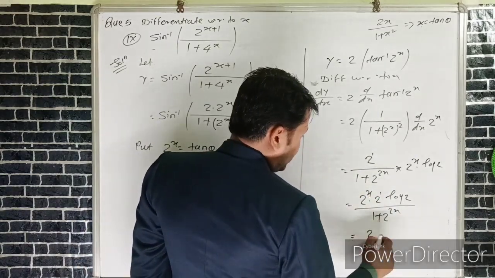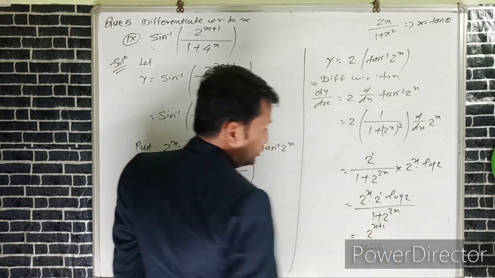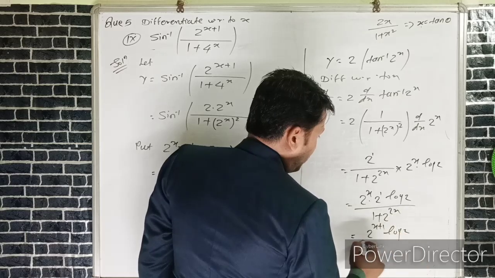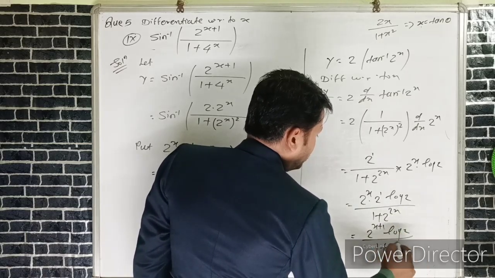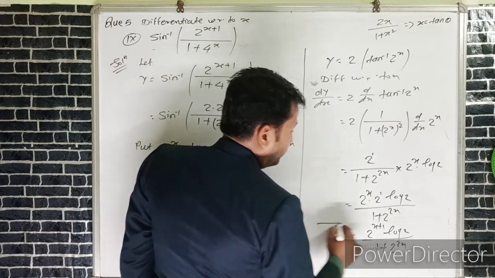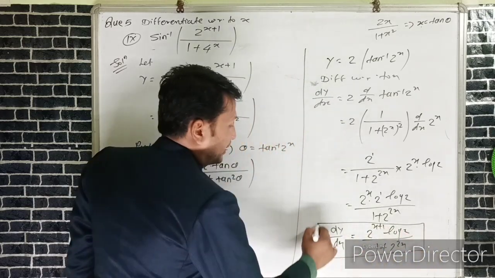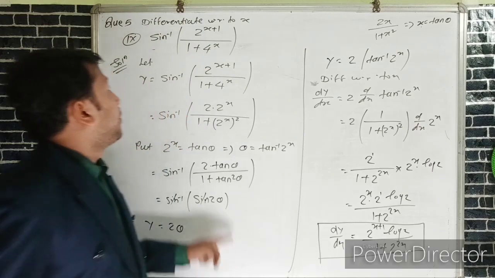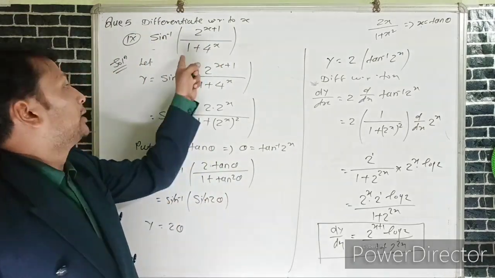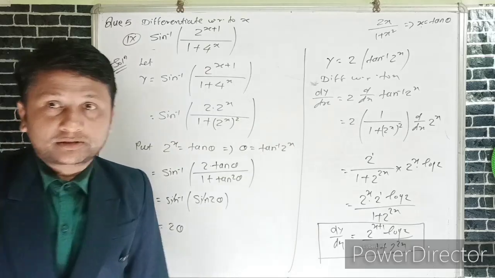Hence, we can write 2 raised to the power x plus 1, by using the rules of indices, into log of 2 upon 1 plus 2 raised to the power 2x, which is the required derivative dy upon dx, when y is equal to sin inverse of 2 raised to the power x plus 1 upon 1 plus 4 raised to the power x.